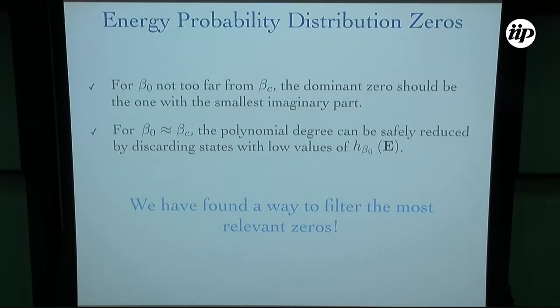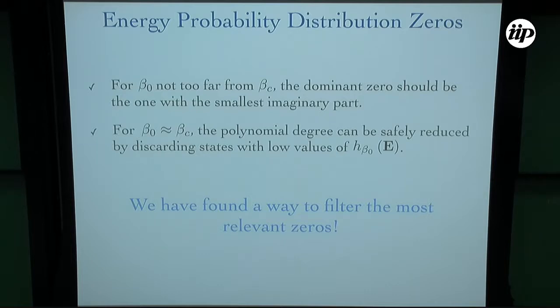So if we are close enough to the critical temperature, we know that states that have a very low probability to occur will not play a significant role in the system properties. So we can simply throw them away and keep only the states with relevant values of the histogram to be considered.